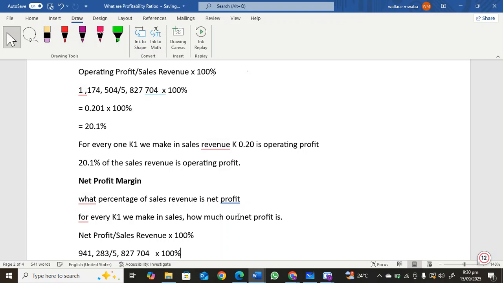With ratios, usually you'll be comparing either two different years or two different companies, so that you can see how the company is doing. As director of finance, one of your roles is to monitor the performance of your company, and you can monitor this performance through ratios.